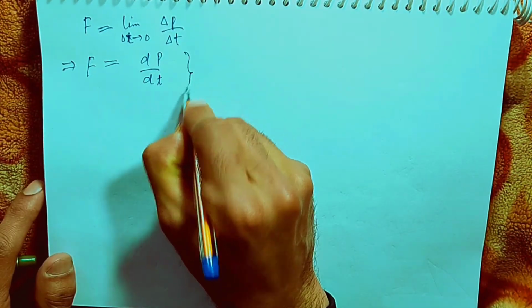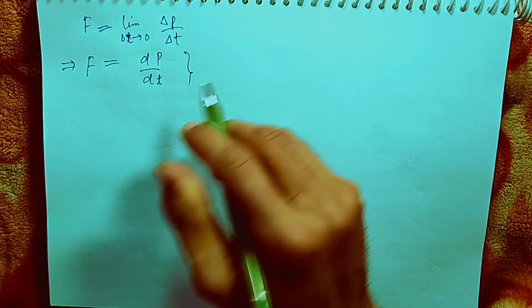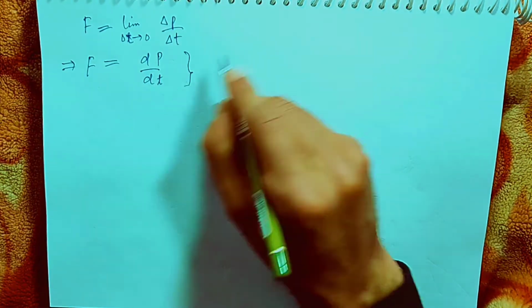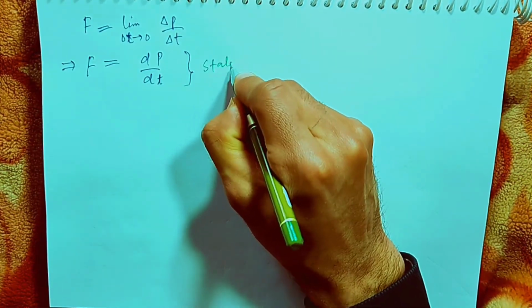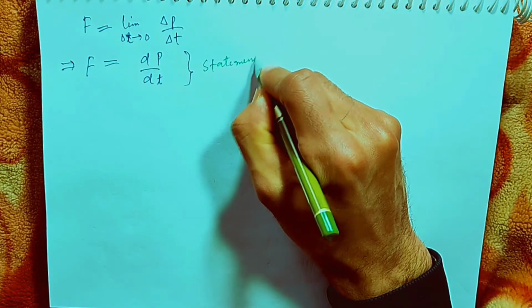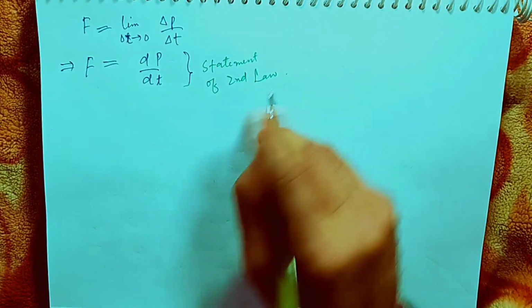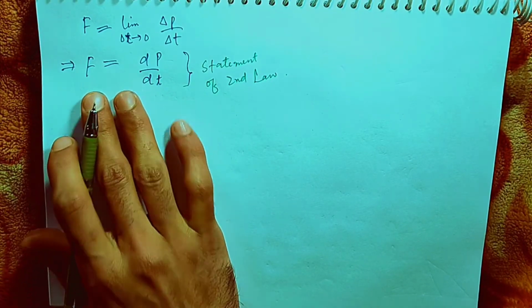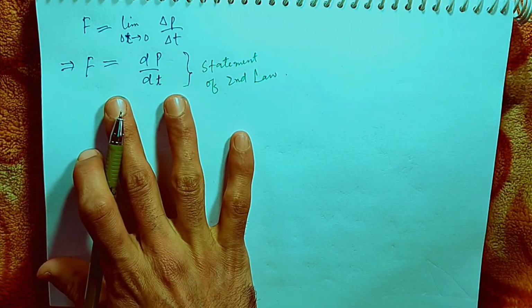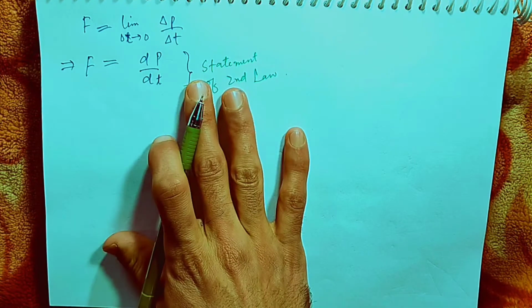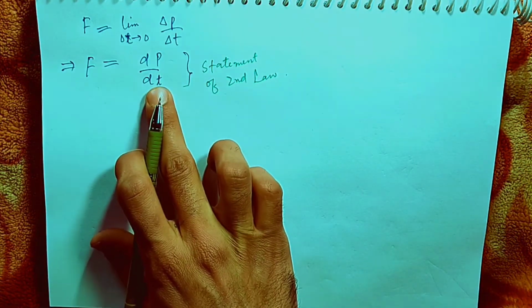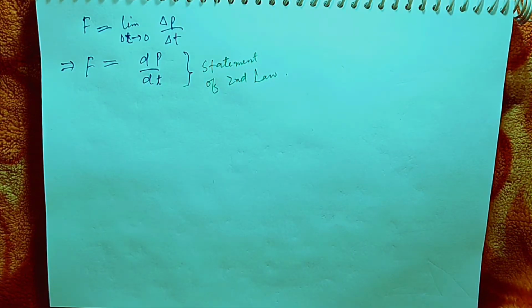This is the mathematical statement of the second law. What does that say? That the force applied onto a body is equal to the rate of change of momentum with respect to time.